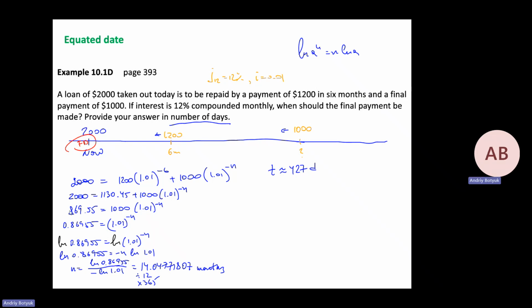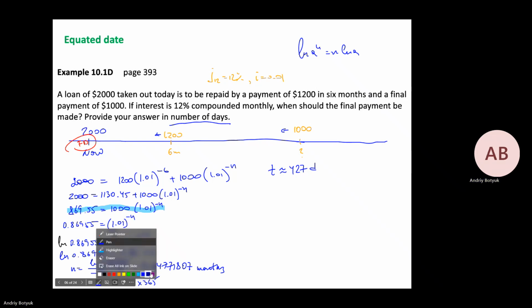Now let's have a look at that equation. Now we will play the game of logic. Have a look at that equation. Does it look familiar? Maybe you recall a formula here. Present value, yes.